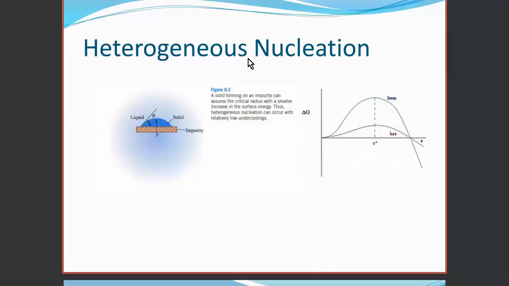Heterogeneous nucleation is nucleation that occurs on impurities, for instance, or on the surface of the mold. Because the solid-liquid interface is not as large for a nucleus forming on an impurity, the total free energy of a nucleus is less for heterogeneous nucleation than homogeneous, and so it will occur sooner.